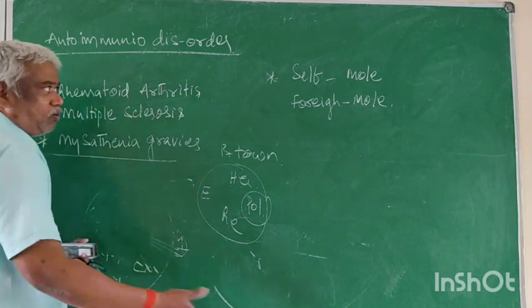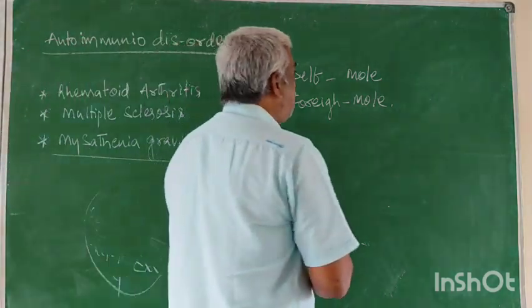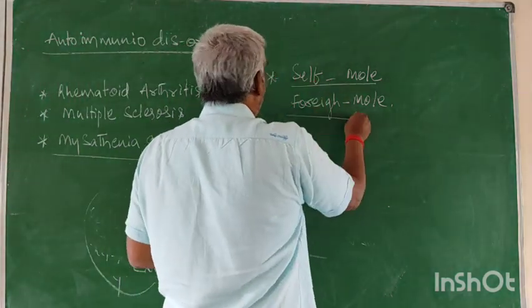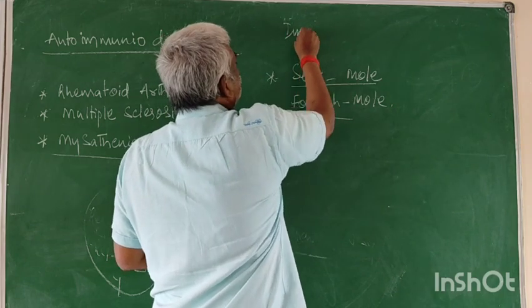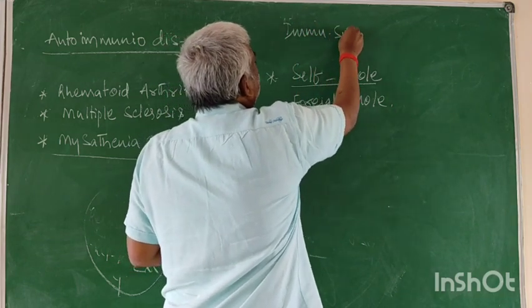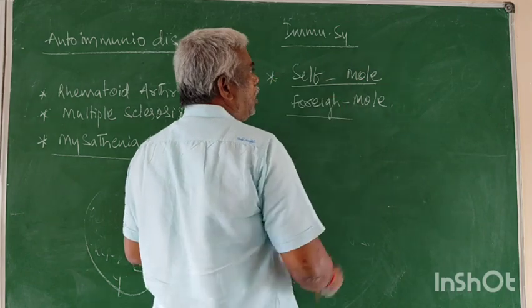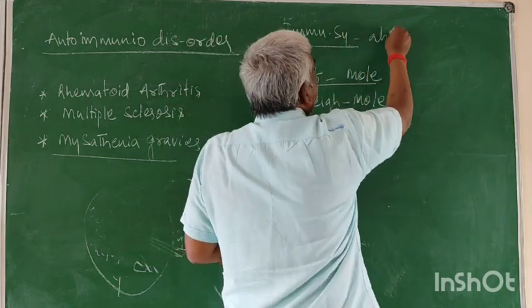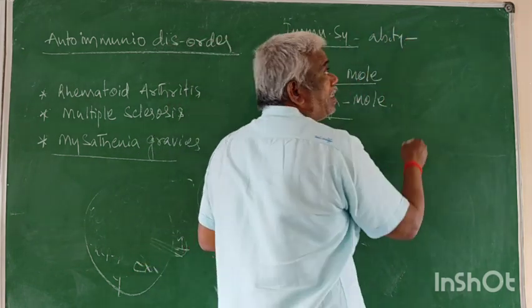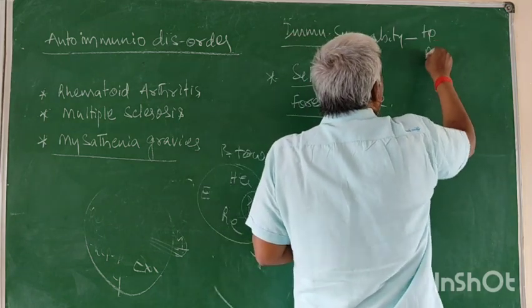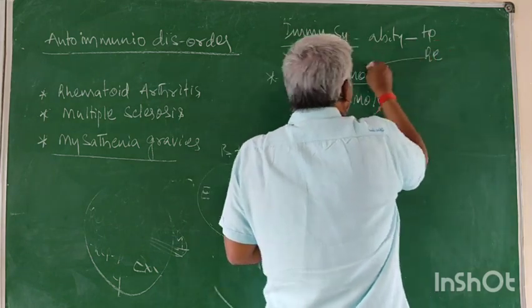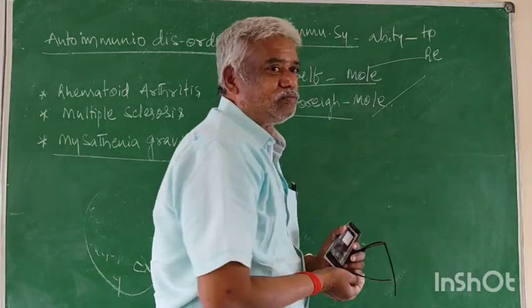Suppose there is a self molecule and a foreign molecule. The immunity system has the ability to recognize which is self and which is foreign.